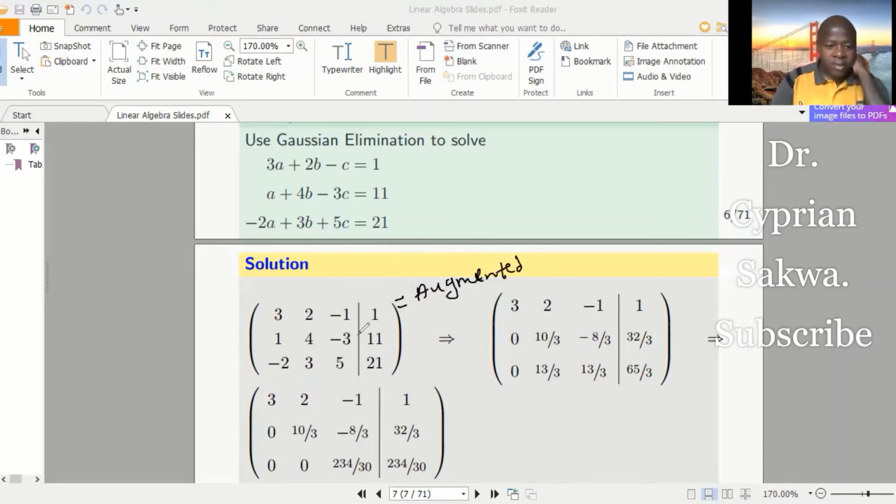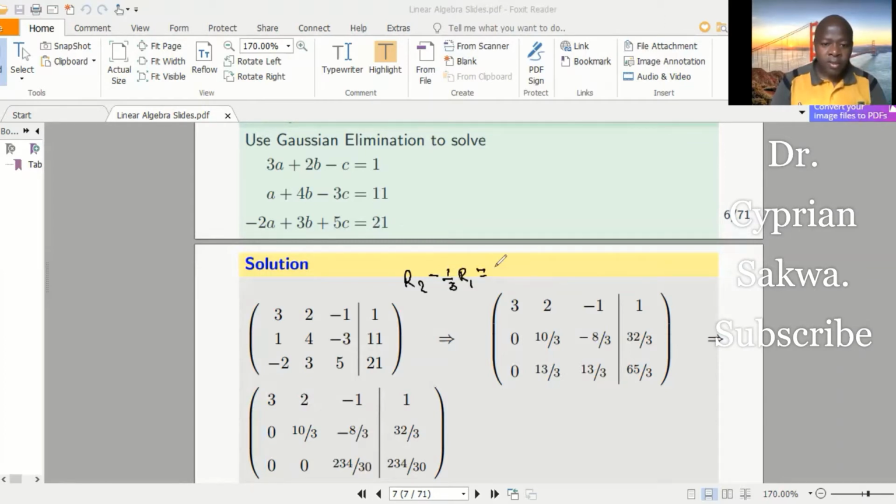Now with this matrix, we reduce this matrix to echelon form. So we have this leading entry here. We use this leading entry to create zeros below it in the first column. So to get a zero in this position, I take row 2 minus a third of row 1.